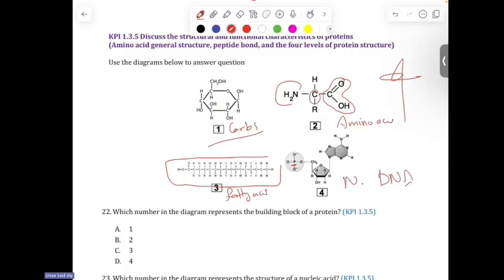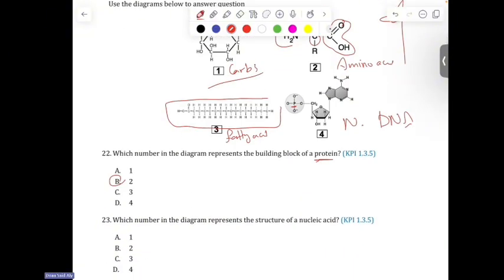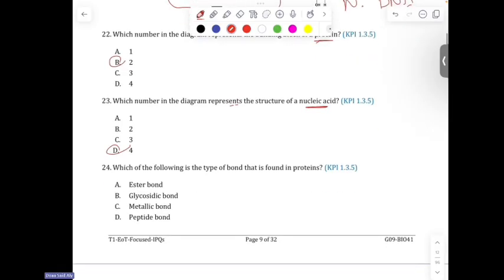Here, which number in the diagram represents the building block of the protein? Protein is number 2 and number 2 is the amino acid. Which number in the diagram represents the structure of the nucleic acid? The nucleic acid is represented by number 4. Then number 24, which of the following is the type of bond found in the proteins? Girls, amino acids are bonded together by a peptide bond.